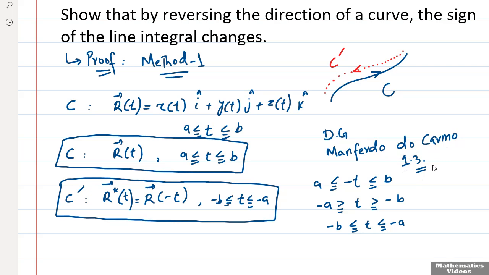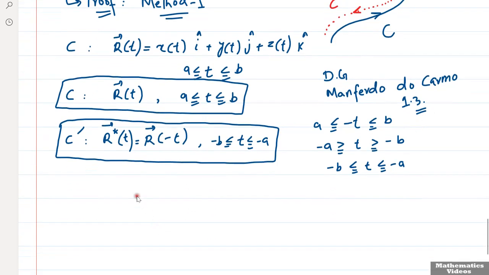In this paragraph it is stated that if you want to change the direction of a curve, then the parametric representation of the curve traced in the reverse direction will be the parametric representation of the original curve, but the parameter will be replaced with the negative of the parameter. Okay, you have to change the sign of the parameter. Okay, let me move forward.